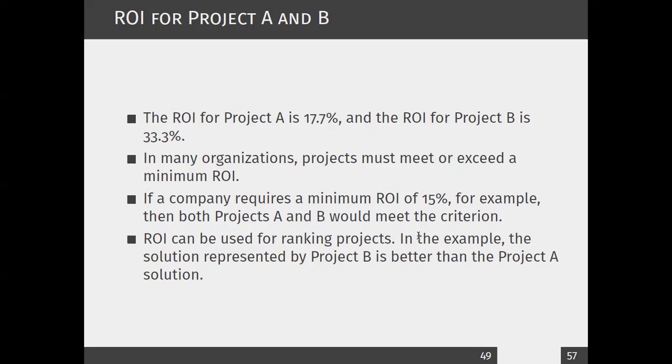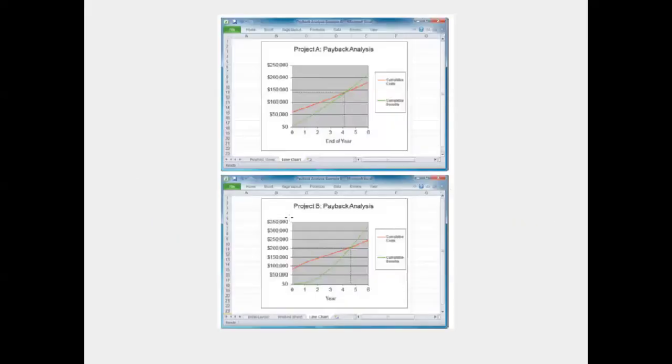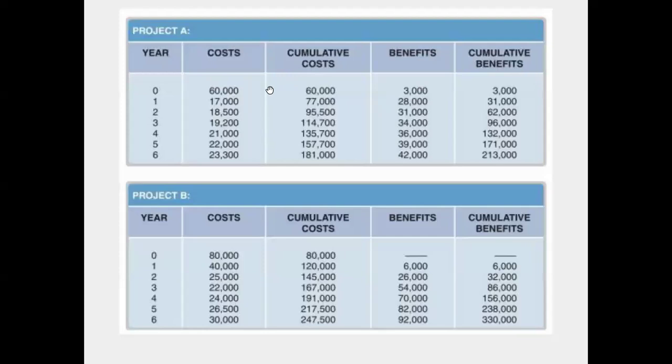There was a question about how to get the cumulative costs. That is already given. If you go back and look here, these are the costs incurred in the initial years, and this is called cumulative cost. That means costs are added. Initially it's 60,000. Next year it's 17,000, which adds up to 77,000.